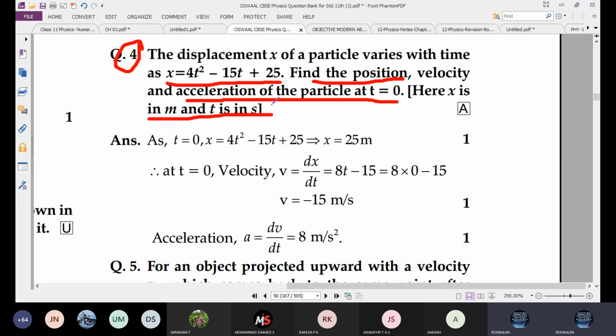x means position, v is the velocity, a is the acceleration. Clear? The time value is 0 seconds.